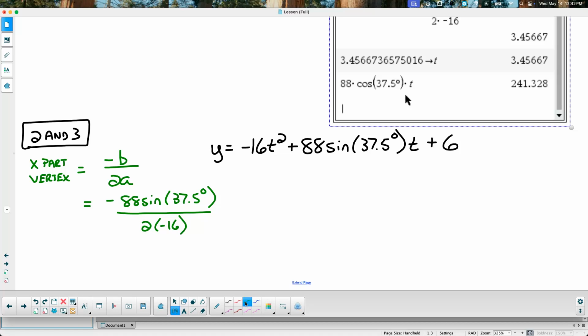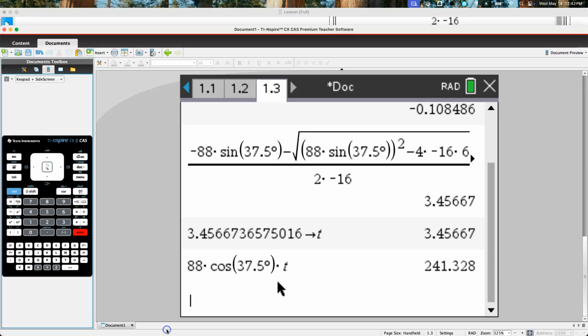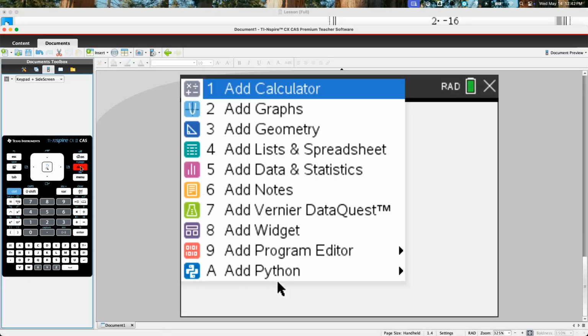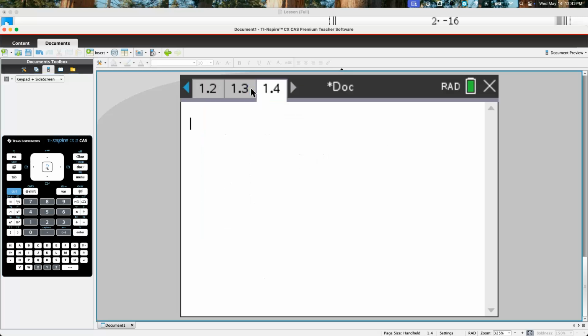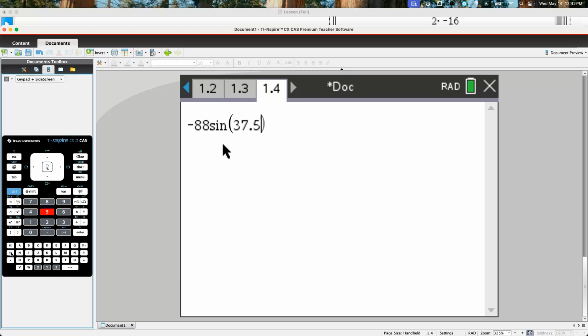And that's going to give me my time, because this is a ty equation, not an xy equation, a ty equation. That's going to give me my time then. So that would be negative 88 sine of 37.5 degrees divided by negative 32.